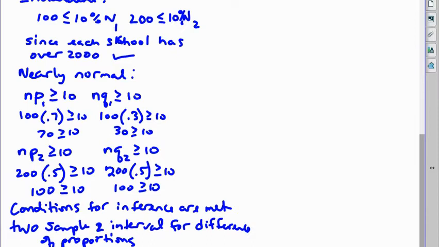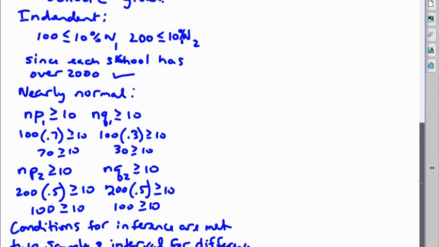And we're going to do this at an alpha of 0.05 because they did not specify in there what level to use. So we're going to use a 95% confidence level for this situation. Now, do we pool? No pooling. Why? Because it's an interval. So no pooling on an interval.